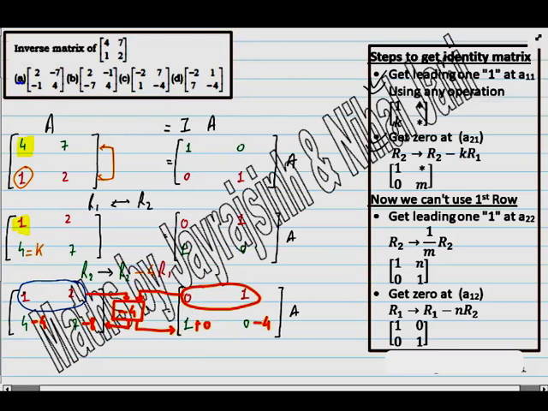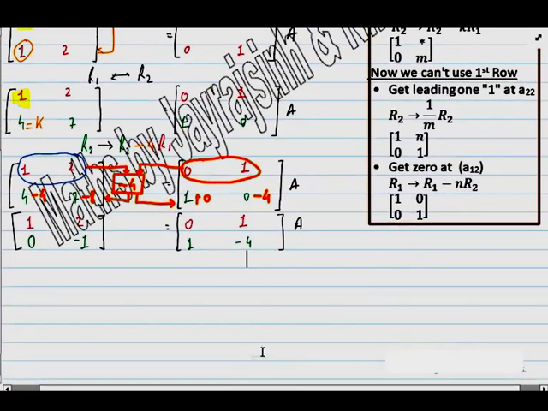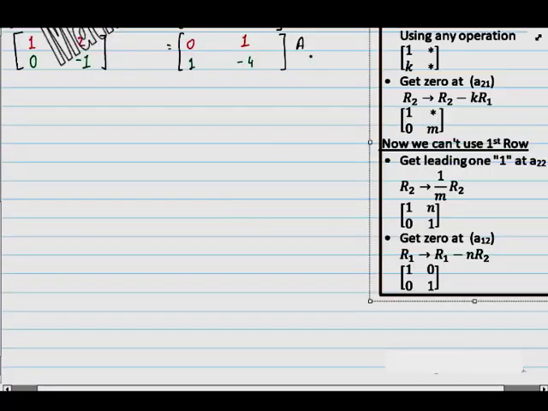So in simplification, your first row and second row will become 4 minus 4 0, 7 minus 8 minus 1, 1 plus 0 1, and 0 minus 4 minus 4, right? So here we complete our second step. We get 0 at A21 point and get the value of M, right? Now we can use the first row.